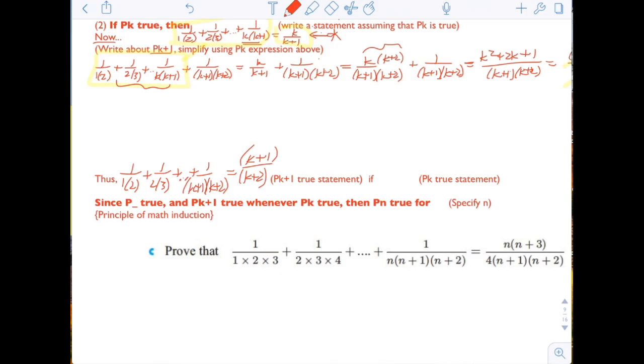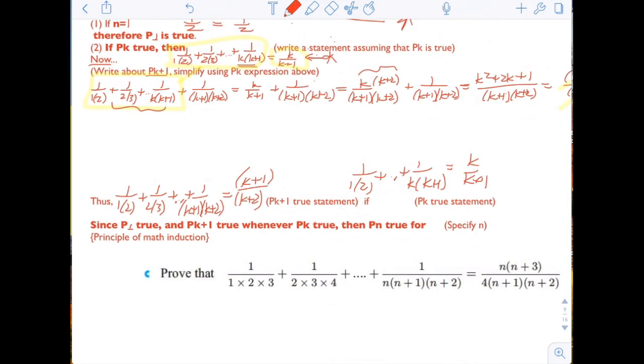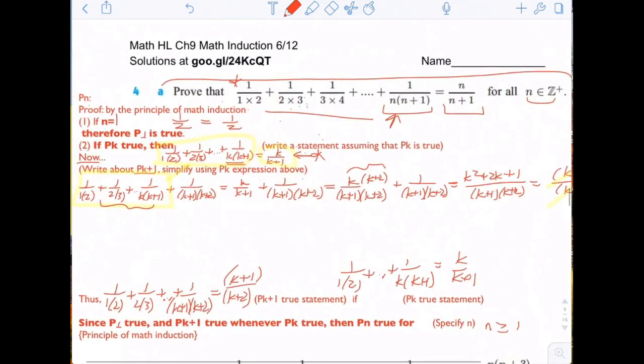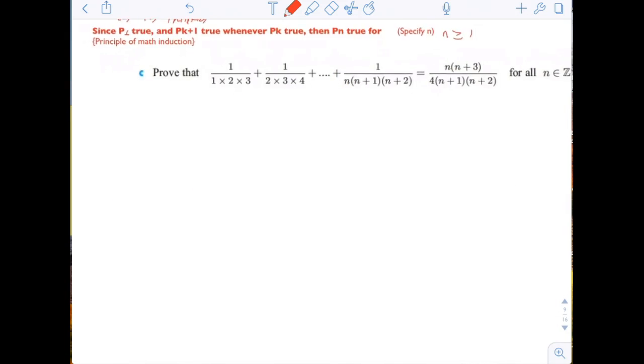And that's true if the original case of 1 over k times k plus 1 is equal to k over k plus 1. Okay? And since P of 1 is true, and P of k plus 1 is true whenever P of k is true, then P of n is true for n greater than or equal to 1. That's it for A. Let's go down to 4C.